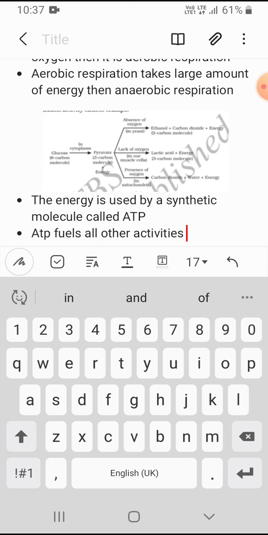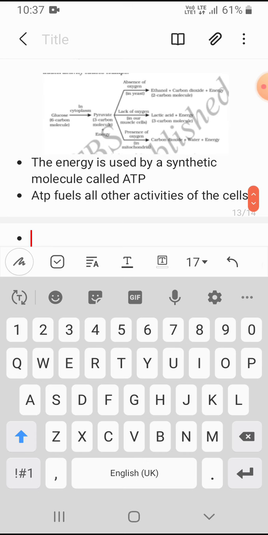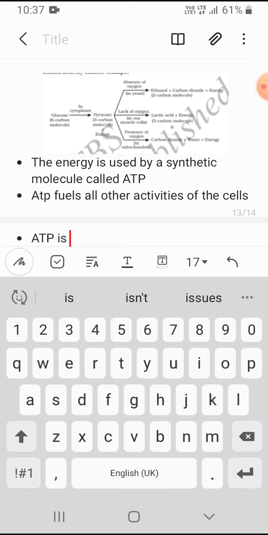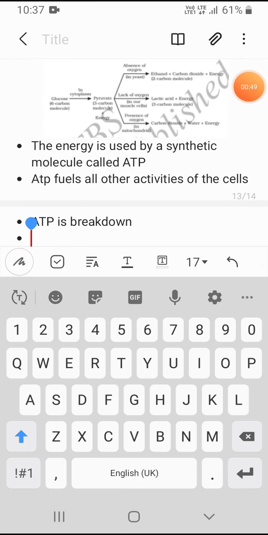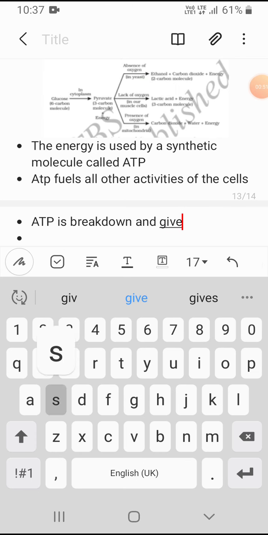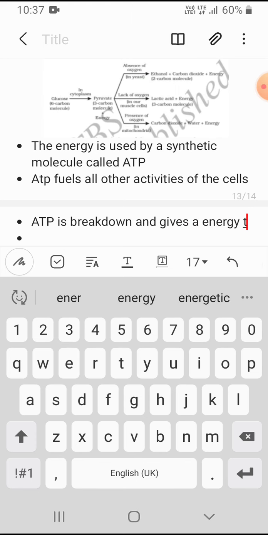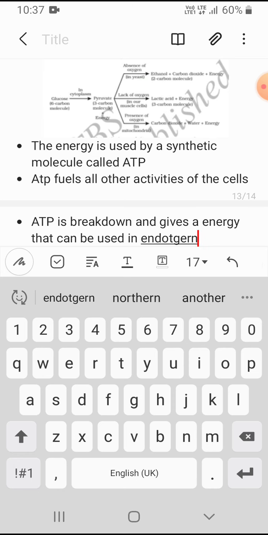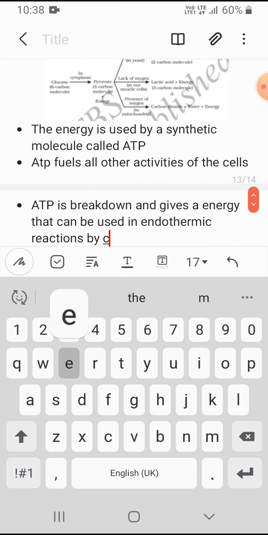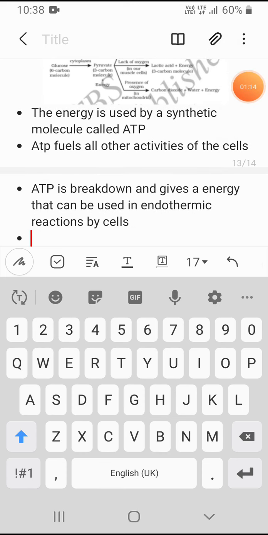When ATP is broken down it gives energy, and this energy can be used in endothermic reactions by the cell.